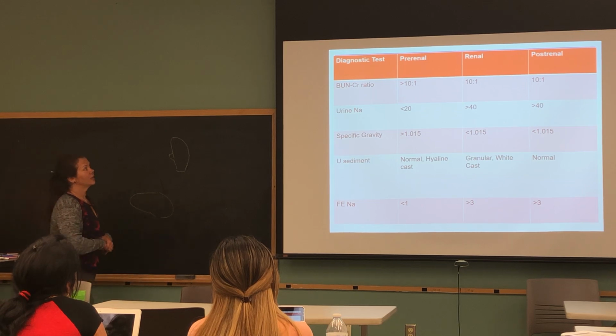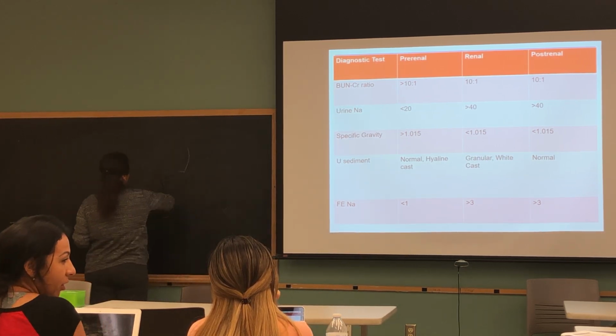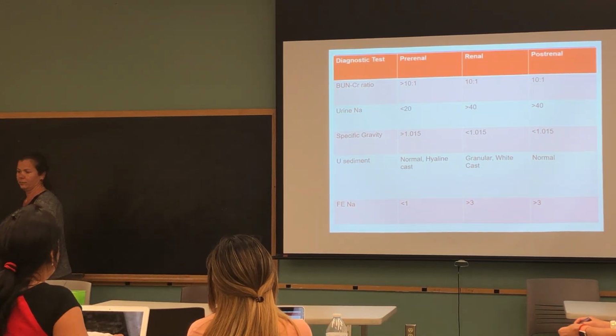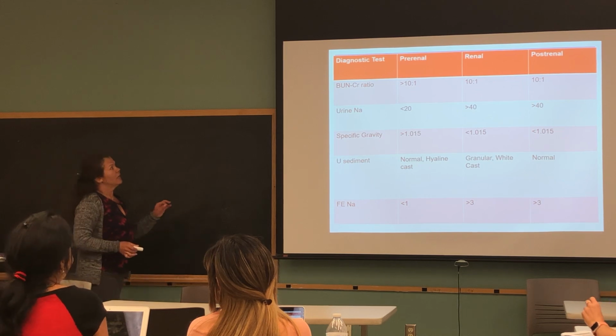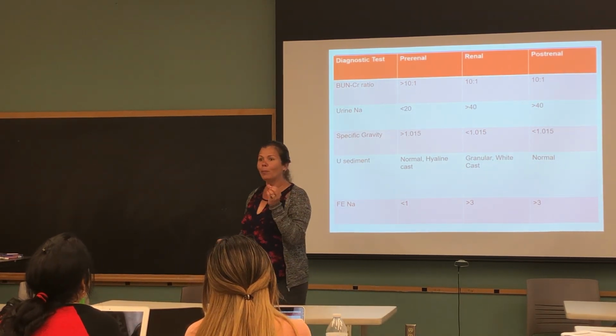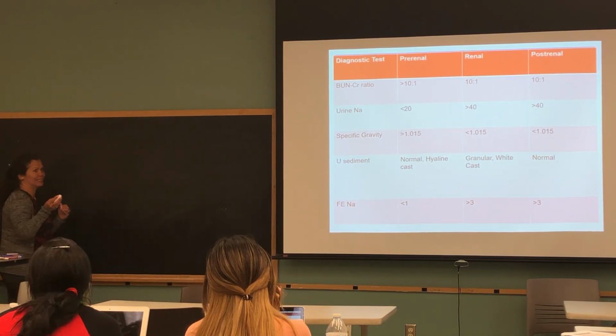So, now, another thing is the BUN and creatinine ratio. What is the BUN and creatinine ratio? It's no more than, even though there's a formula, I want you to know it like this.